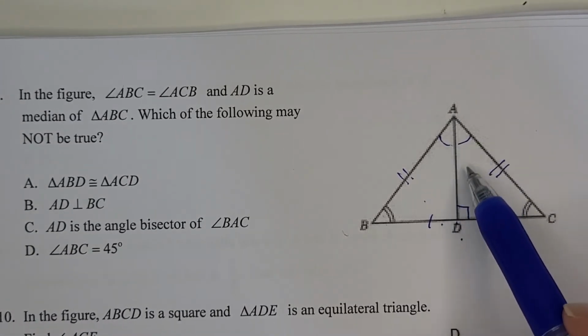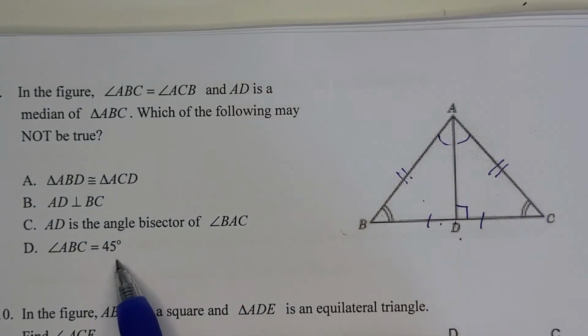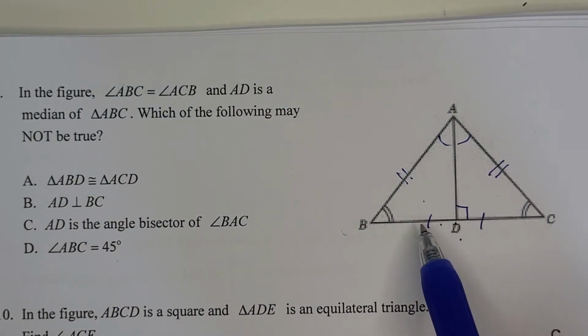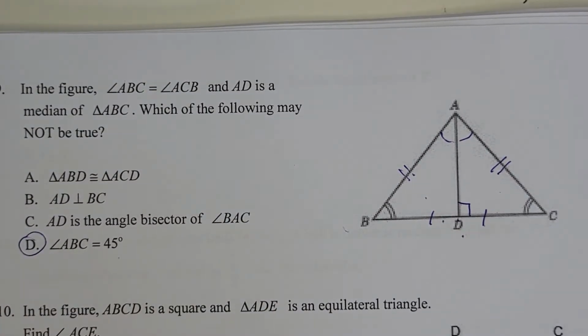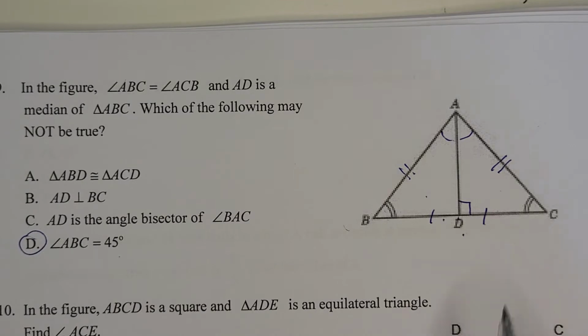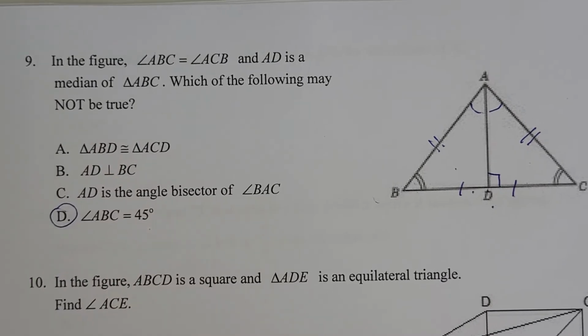Actually this is an axis of symmetry. Then D, ABC is 45 degrees, it may not be true. We have no information about any measure of the angle. So the answer is D.